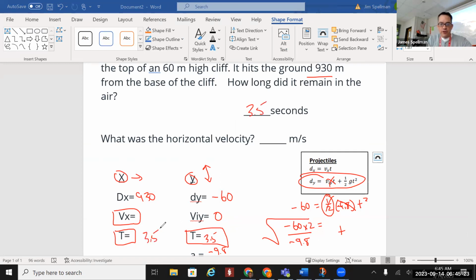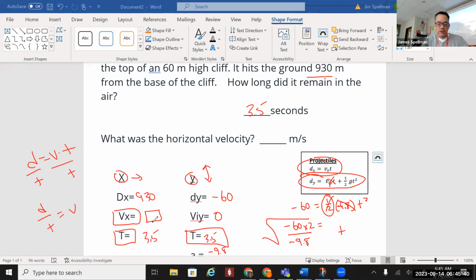And then the horizontal velocity, now I can use the other formula because I've got everything except this one. So d equals v times t. In this one, I'm missing v. So let's divide t out of both sides. So distance divided by time equals velocity.